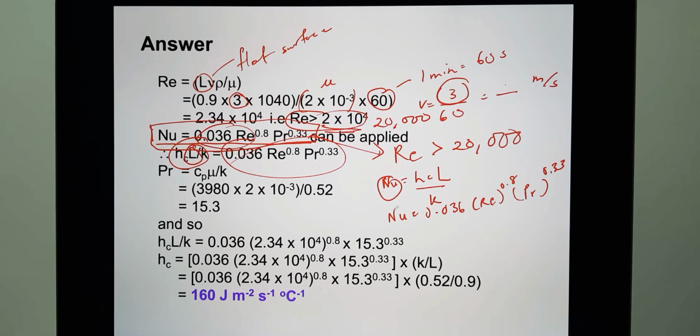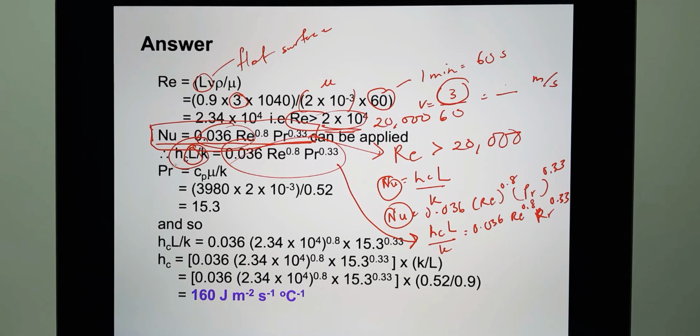So equalize both of these equations, and you get hc L over K equals 0.036 times Reynolds to the power of 0.8 times Prandtl to the power of 0.33. Clear? Can you see how this equation is obtained?